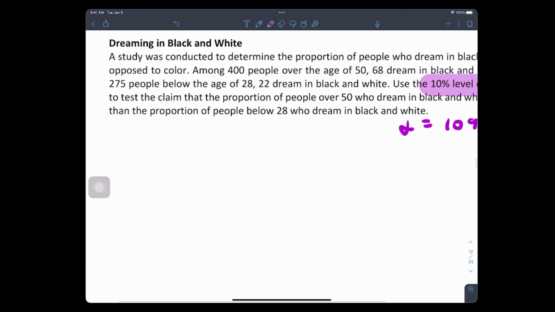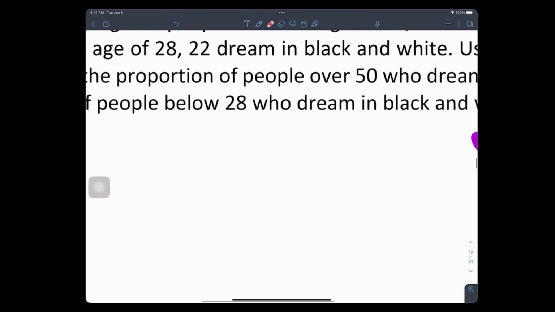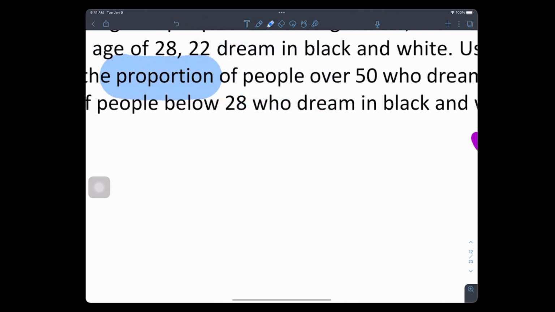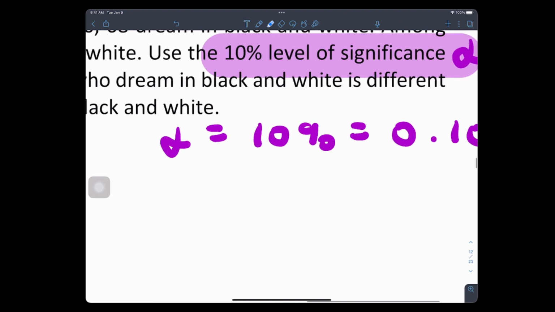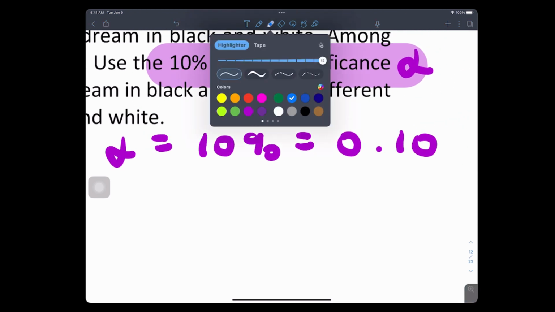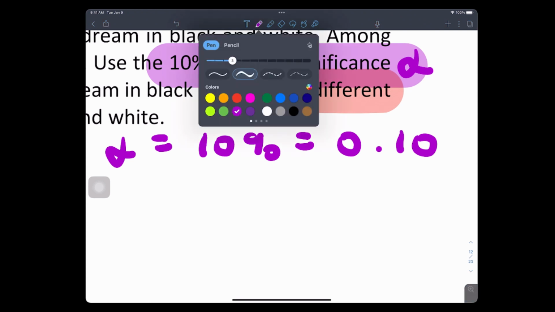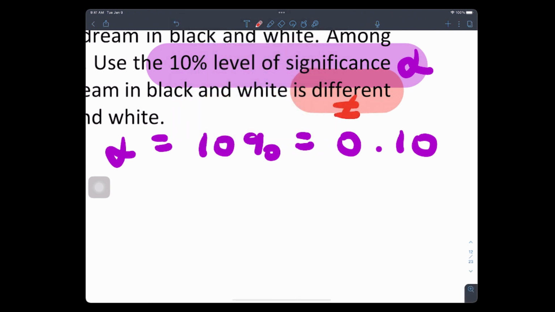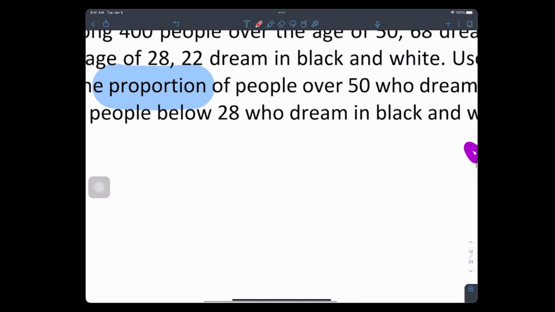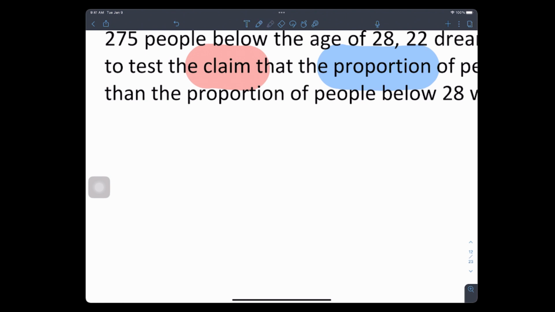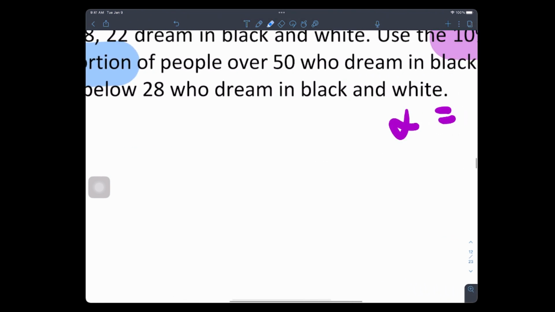I test the what? The claim that what? Here it comes. Here comes the claim. The proportion of people over 50 who dream in black and white is different than the proportion of people below 28 who dream in black and white.